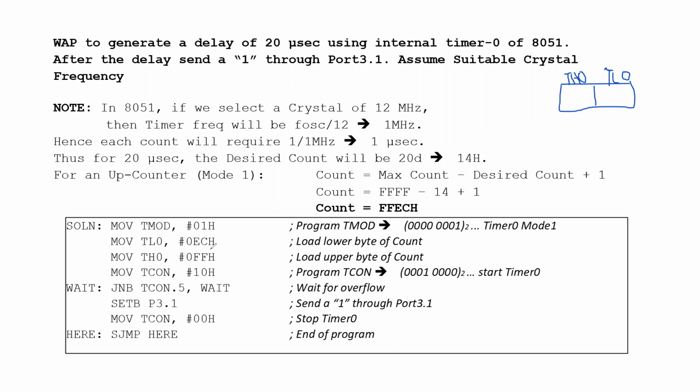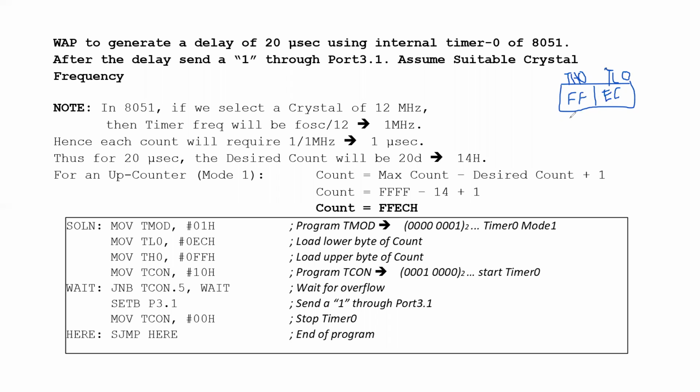So what is the desired count? You need to load this. Here the desired count is FFEC. So we are loading FF to timer high and EC to timer low.